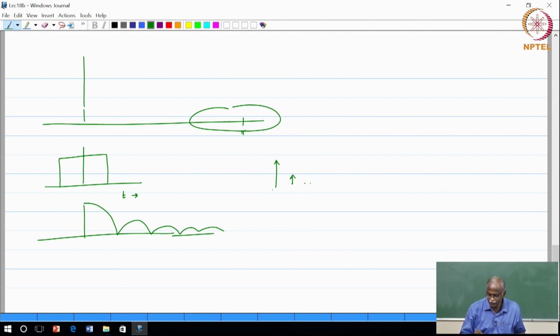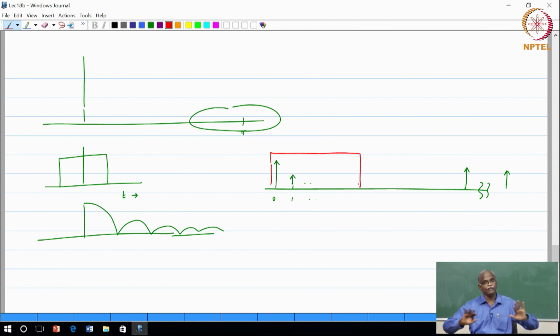I am just going to quickly sketch these things. So, 0, 1, some large number, and the signal is continuing. What we said was, I am going to take the DFT of this portion. It is effectively like setting all the other terms to 0, and these terms are taken without any modification.